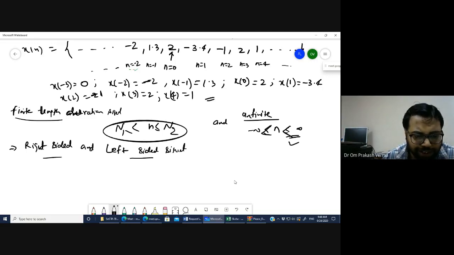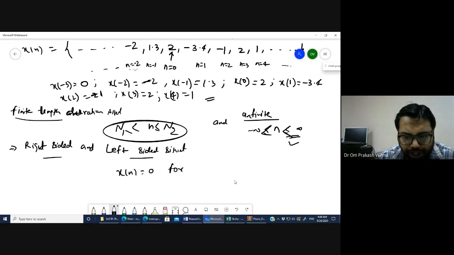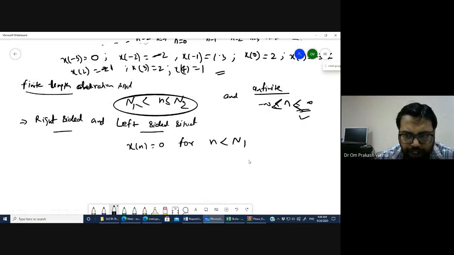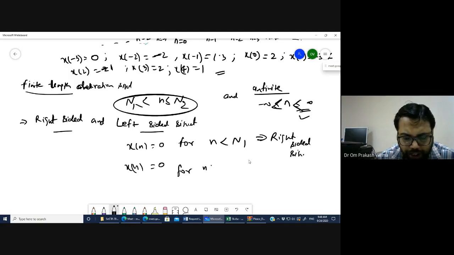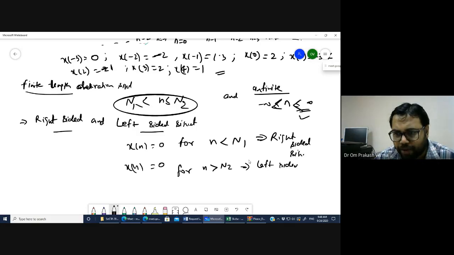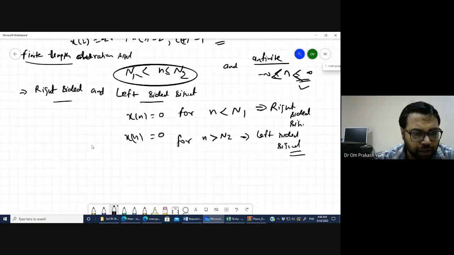So right-sided and left-sided signal: let's say x[n] equals 0 for n less than n1, so this one is the right-sided signal. However, if you write x[n] equals 0 for n greater than n2, then it becomes the left-sided signal, nothing else.